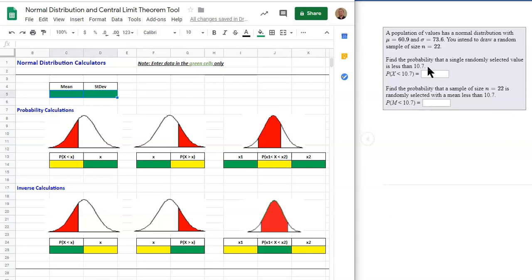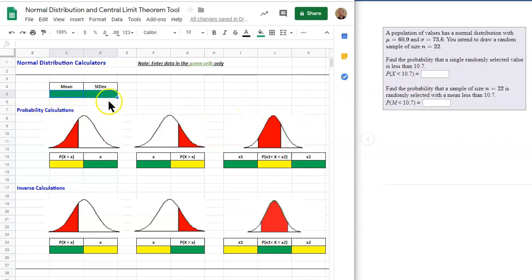This is actually a bit of a basic problem compared to a sampling distribution problem because we're looking at just a single value. So this is just going to be a probability calculation and nothing else.